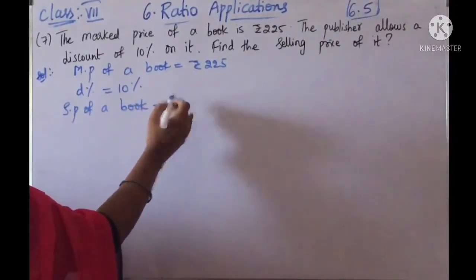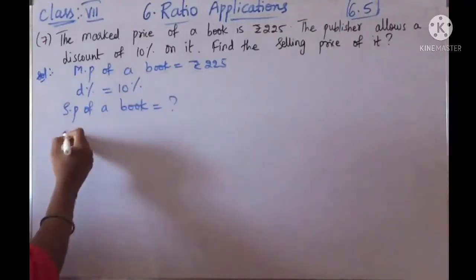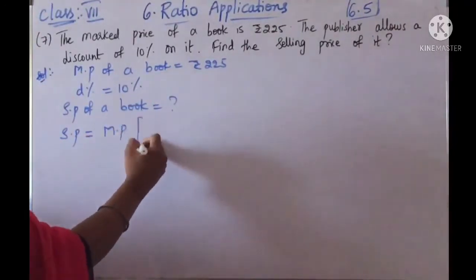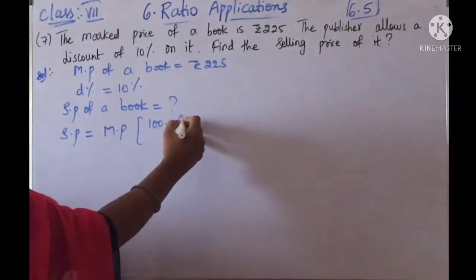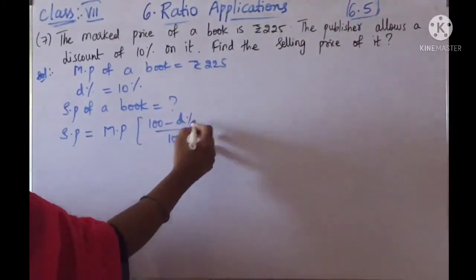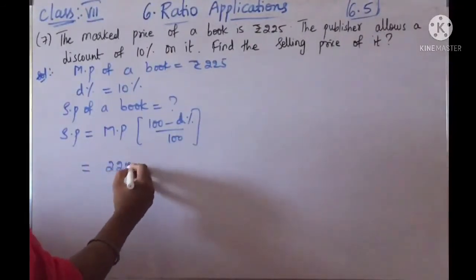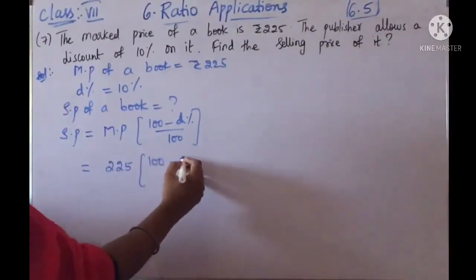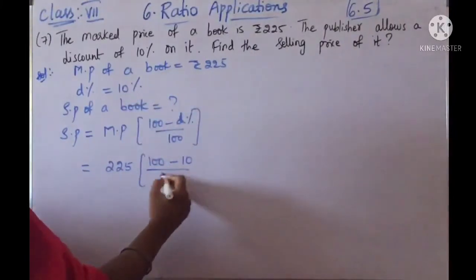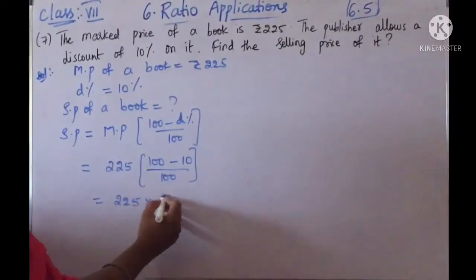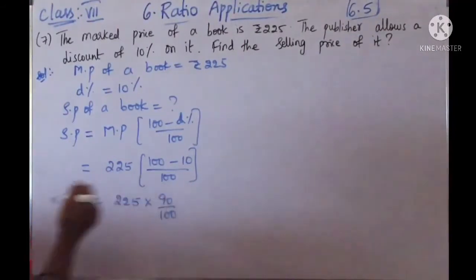Okay, children. So when market price and discount percentage is given, what is the formula for the SP? SP is nothing but MP into 100 minus discount percentage by 100. So what is MP here? 225 into 100 minus discount percentage is 10 by 100. Okay. So 225 into 90 by 100.